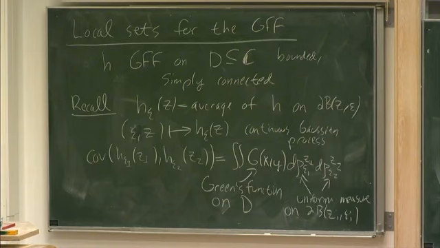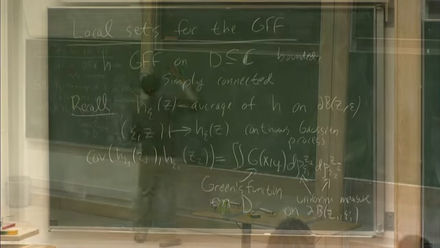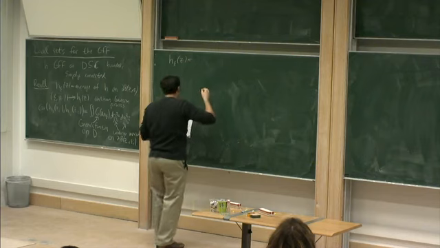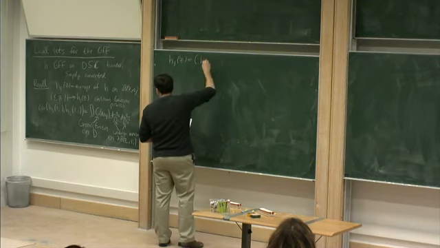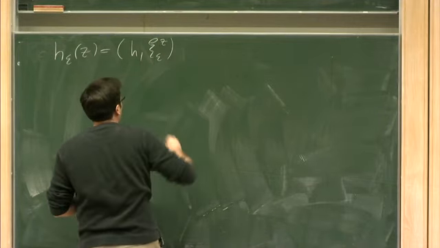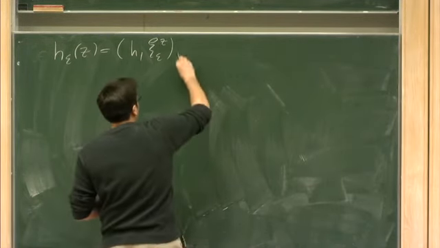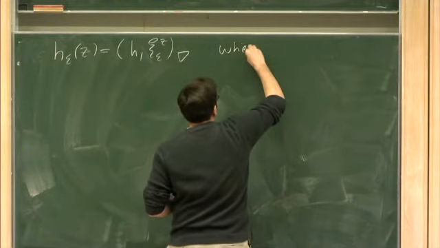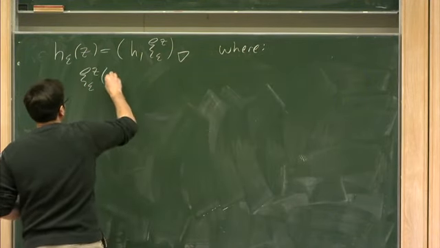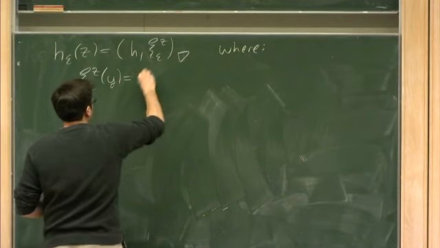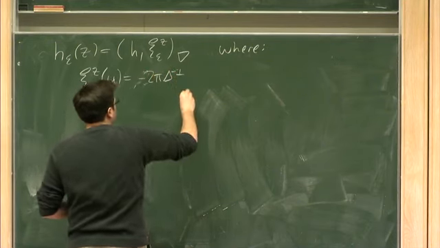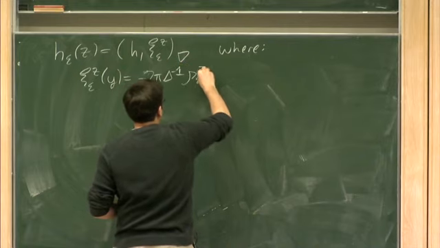And when we did this calculation, along the way, we showed that we can write h sub epsilon of z as the inner product of h with this function psi sub epsilon of z, where this function psi epsilon of z is given by minus 2 pi times the inverse Laplacian of rho sub epsilon of z.